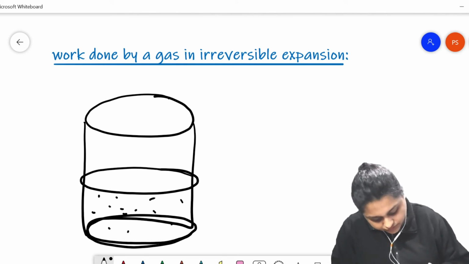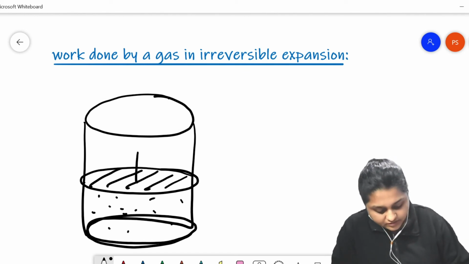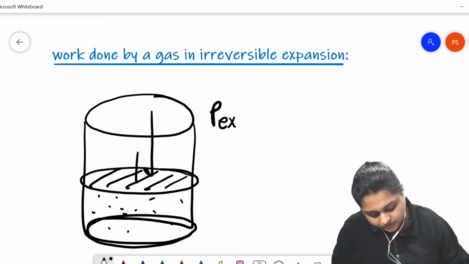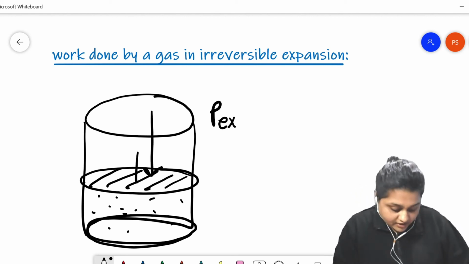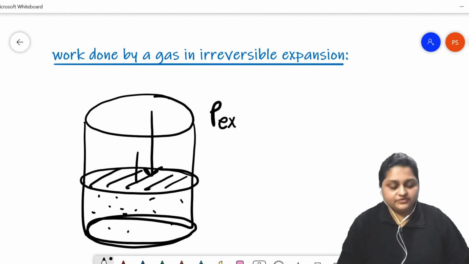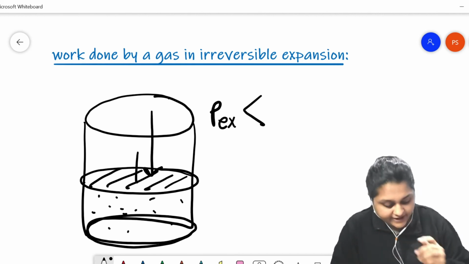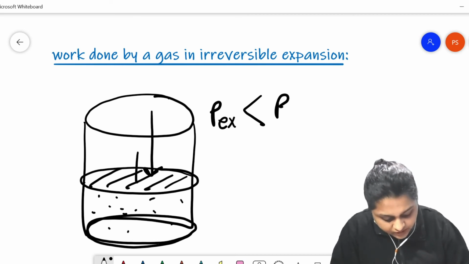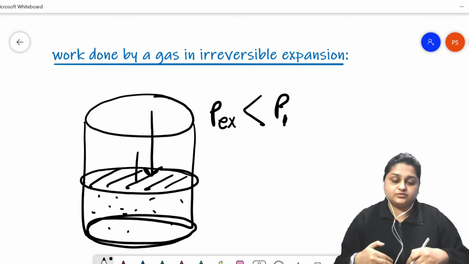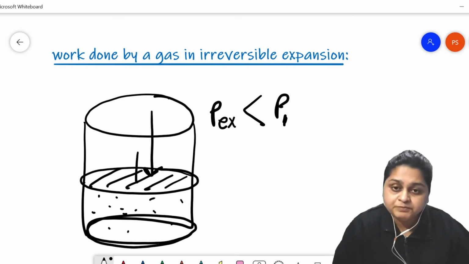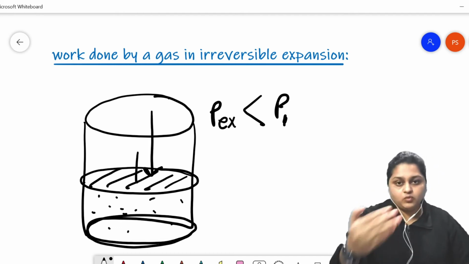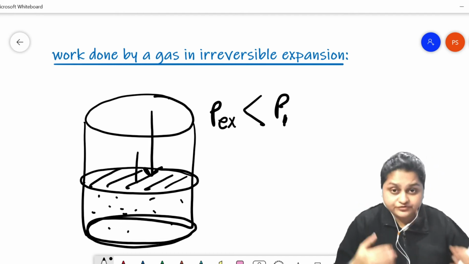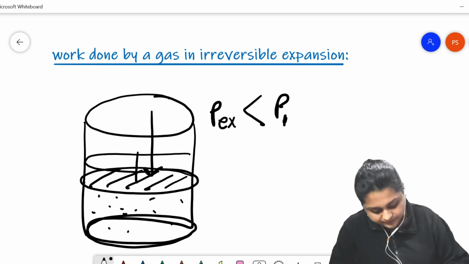It is enclosed with this piston. Now, Px, an external amount of pressure, is being applied over this piston, and this Px amount of pressure is less compared to the pressure of the gas enclosed within the beaker, which is P1. Now, obviously an expansion will occur.